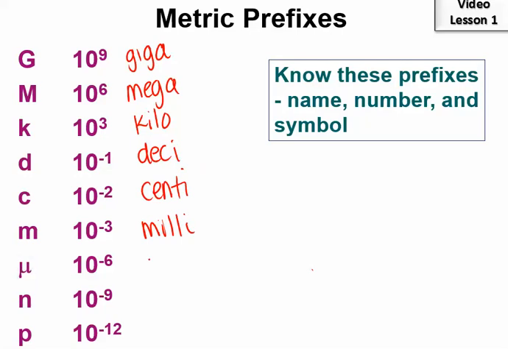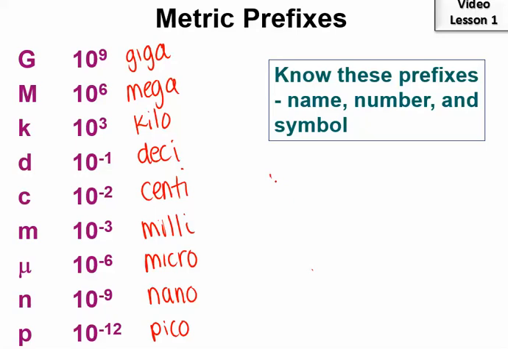This is micro. It means 1/1,000,000th. N is nano. It means 1/1,000,000,000th. P is pico. It means 1/1,000,000,000,000th. So you need to know how these prefixes go with the numbers. In other words, I need to be able to make a statement going to the base unit.